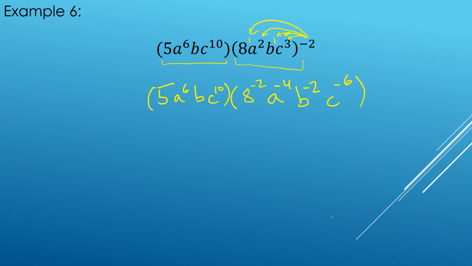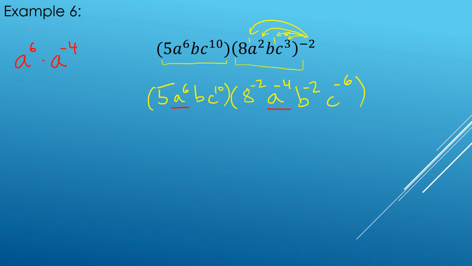If you pretend that this didn't have anything except A's, let's just focus on those. A to the 6 times A to the negative 4, off to the side here. Well, this is like the very first type of exponent problem we did in yesterday's lesson. So what do we do with a product of 2 powers?